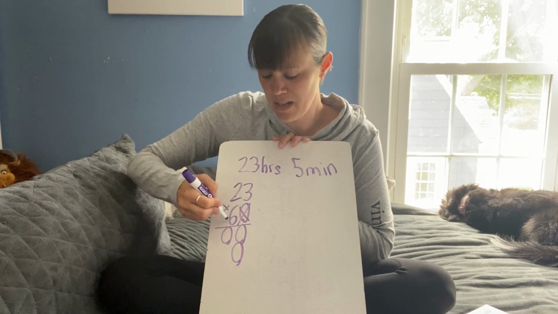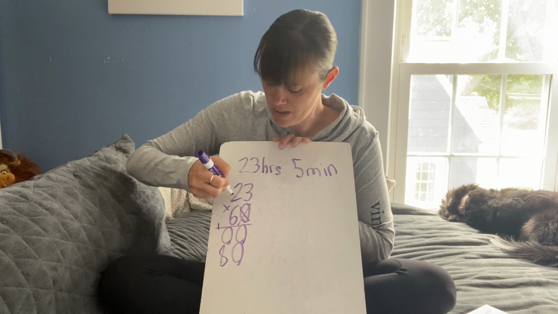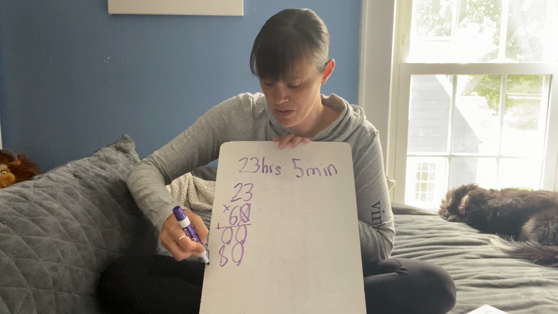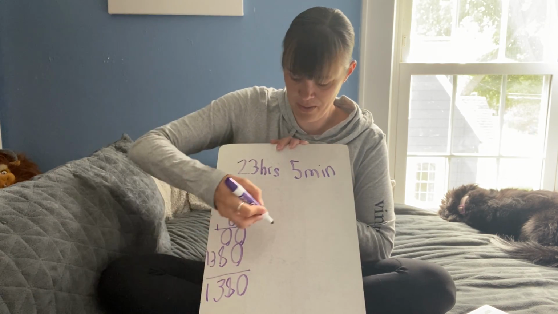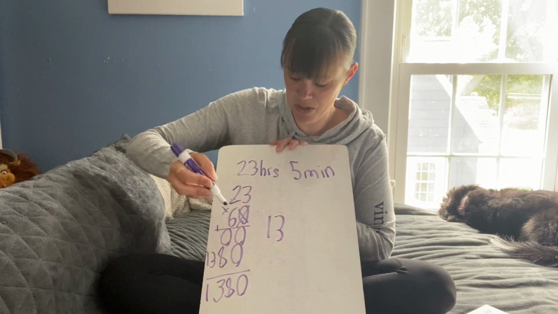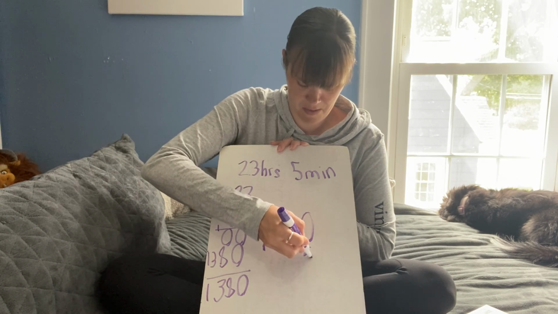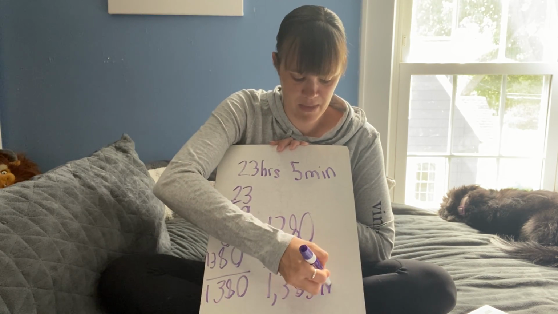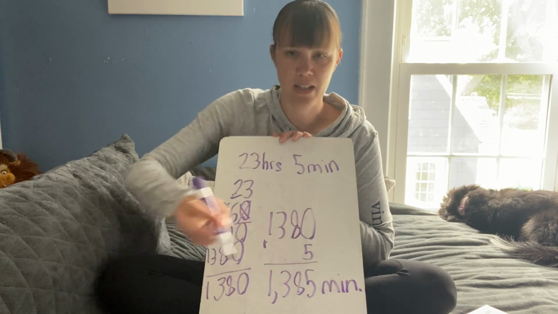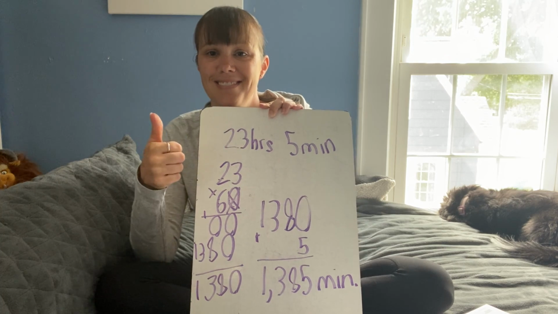Place value holder, because now I'm in the tens. 6 times 3 is 18. Regroup. 6 times 2 is 12, plus 1 is 13. Oh dear. Okay, since I'm multiplying by the right thing now, 1380 plus 5 is 1,385 minutes. Sorry, I was stuck on days earlier. At least I figured out that I was wrong before I started it.